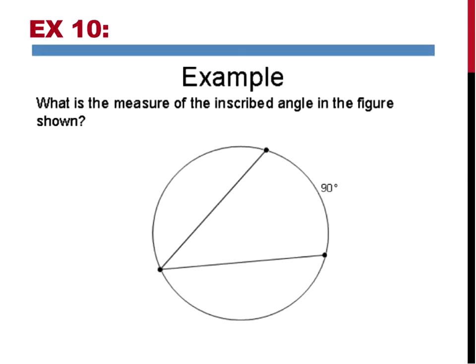Okay, here you go. Don't say it out loud. I'd like you to try it. If I tell you that your outside angle is 90, please give me your inscribed angle. And if you're at home, please type it in.